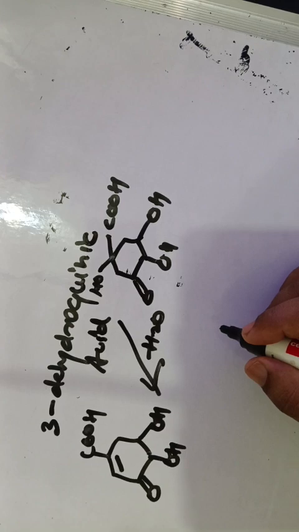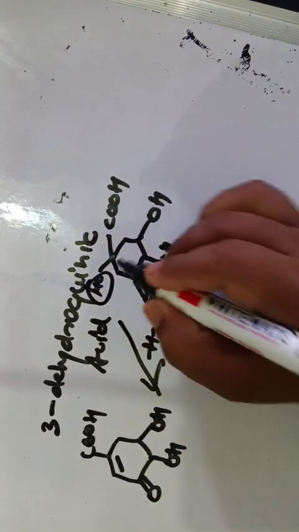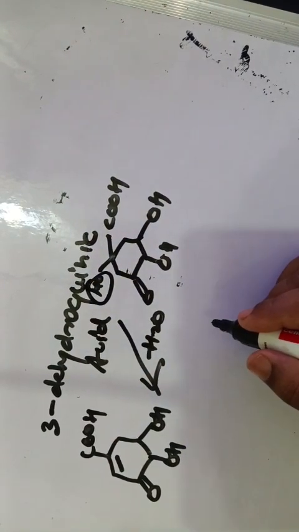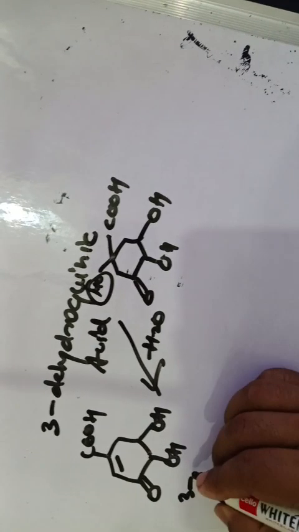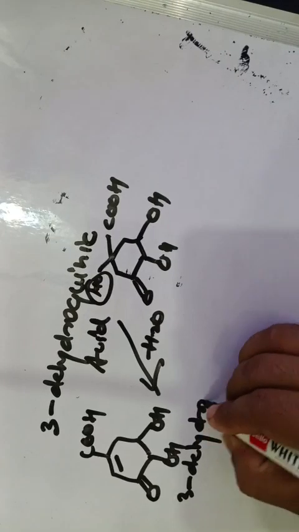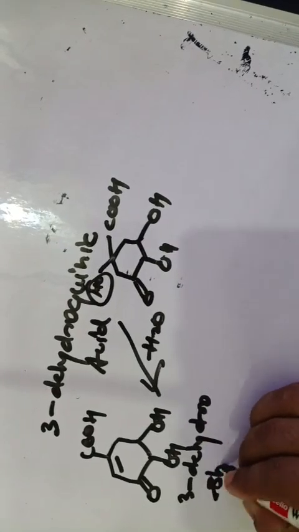Just there is a movement of this atom, and 3-dehydroshikimic acid is formed. After removing water molecules, there is a new compound, that is 3-dehydroshikimic acid, formed.